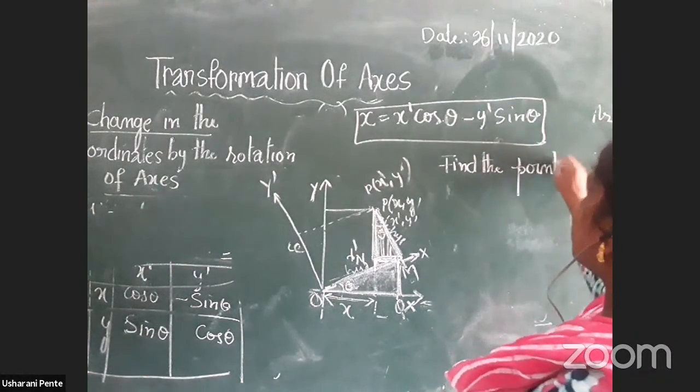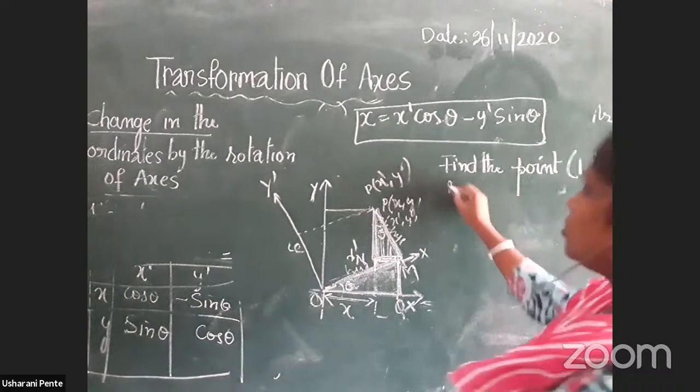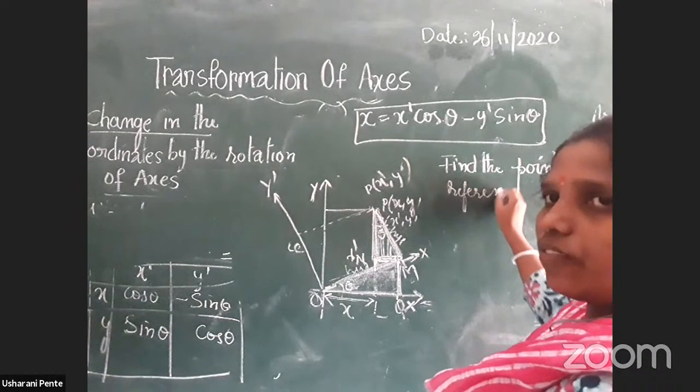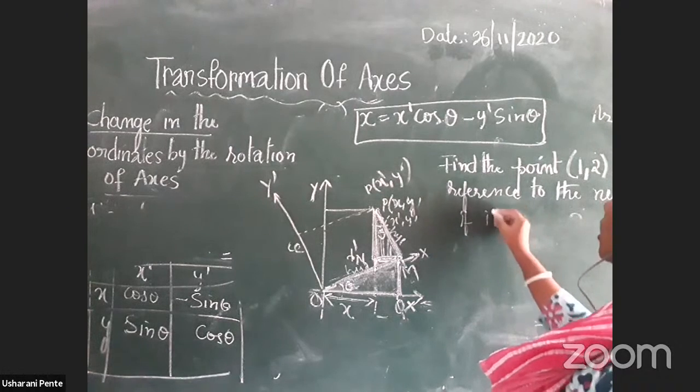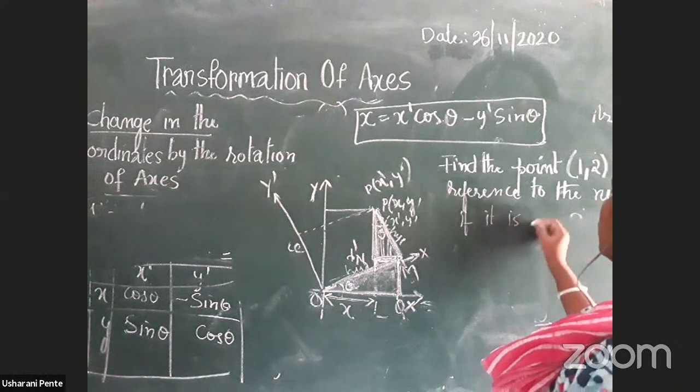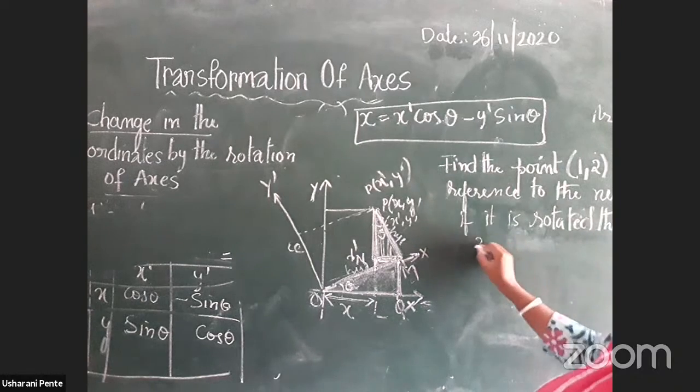Find the point (1, 2) with reference to the new axis, if it is rotated through 30 degrees.